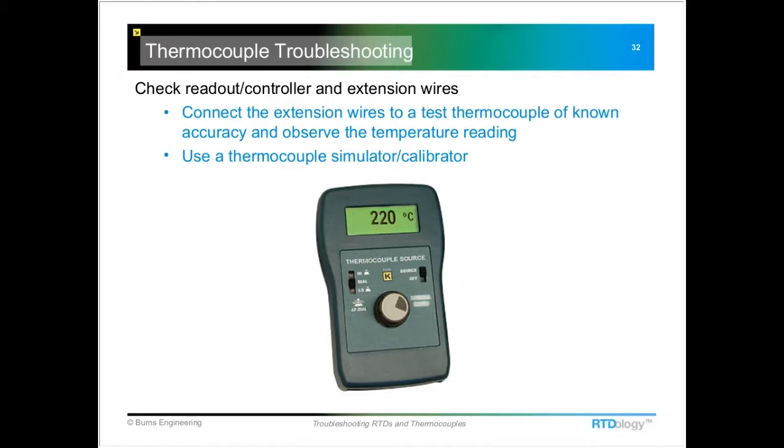So moving on to some of the other things here and finishing up, one way to test the rest of your system is to use a thermocouple simulator or calibrator, and that'll help determine if your thermocouple in the system is working correctly.